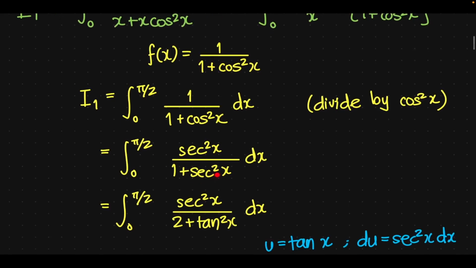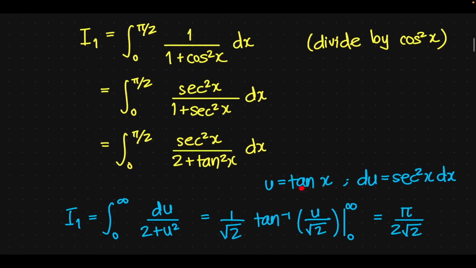Secant squared x can be written as 1 plus tan squared x, using the square relations between the trigonometric functions. So we get the integral from 0 to pi over 2 of secant squared x over 2 plus tan squared x, because secant squared is 1 plus tan squared, and 1 plus 1 is 2, dx of course.